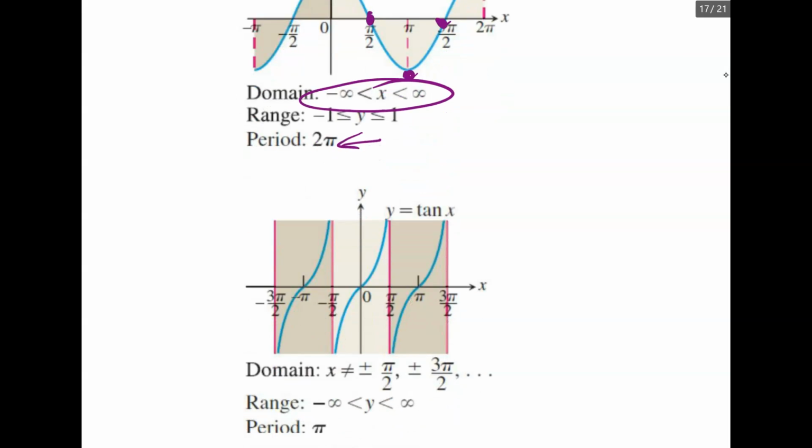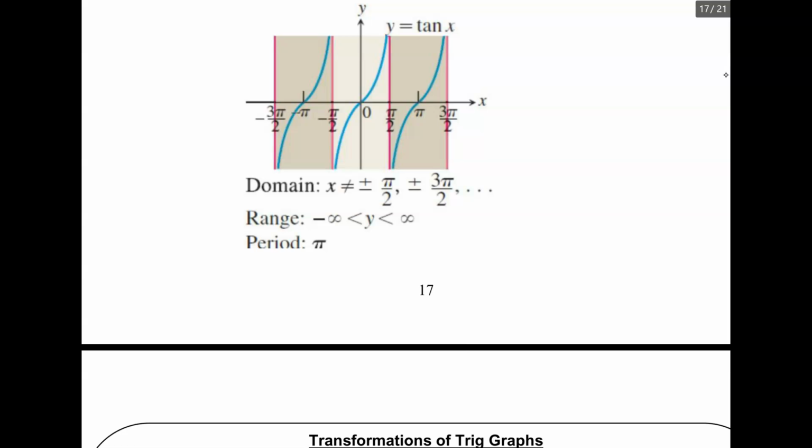And then tangent, because if you think about it, when we do sine over cosine, there'll be times where tangent is 0, and sometimes where it's undefined. Undefined means vertical asymptote. So at 90 degrees and at 3 pi over 2, 90 and 270, that's where tangent is undefined, because that's where cosine is 0.